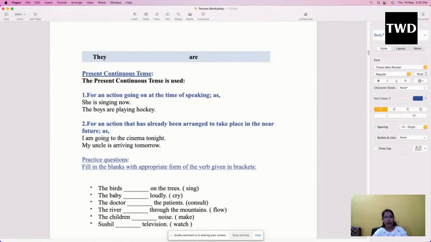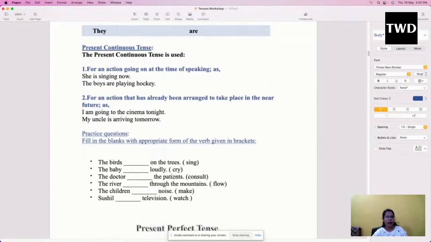You might have bought the ticket also, and that's why you are framing sentences under present continuous tense, saying I am going to the cinema tonight. My uncle is arriving tomorrow. Your uncle has already planned to visit your place by the said date, and you are saying my uncle is arriving tomorrow.